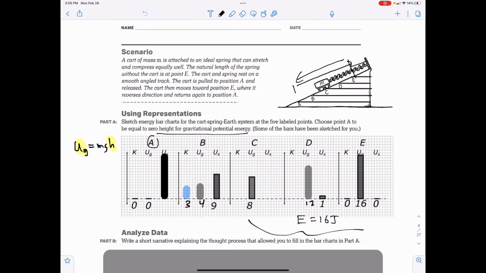Now, since we see that the gravitational potential energy increases linearly with height, the spring potential energy will decrease quadratically, because spring potential energy varies with the square of the distance. Well, look at your numbers. We started with 16, 9, it's decreasing quadratically.